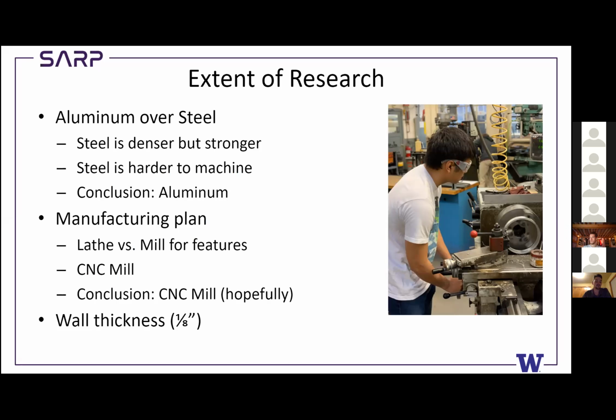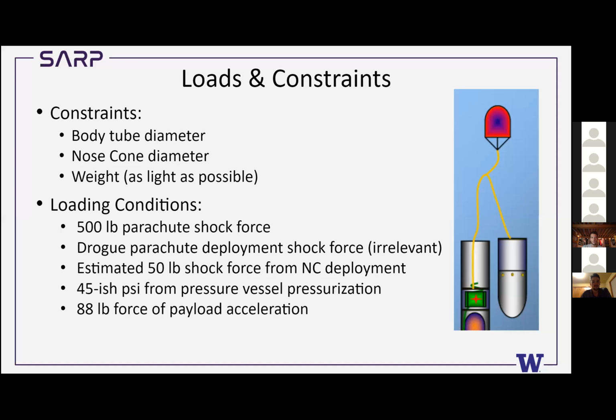We also concluded that our wall thickness of about 1/8 of an inch will be the best for us, as if it's any thinner, the shear pins shear too quickly, and if it's any thicker, we have just more weight than we really need. All right, next slide, please.